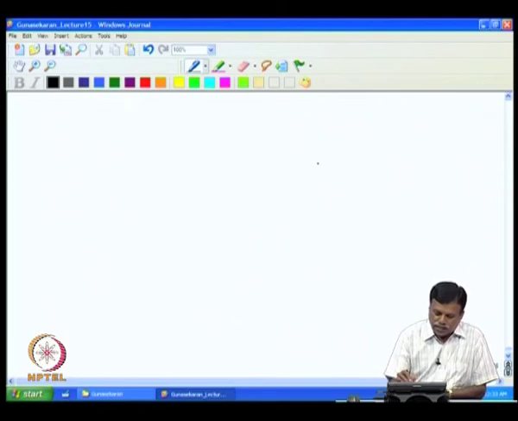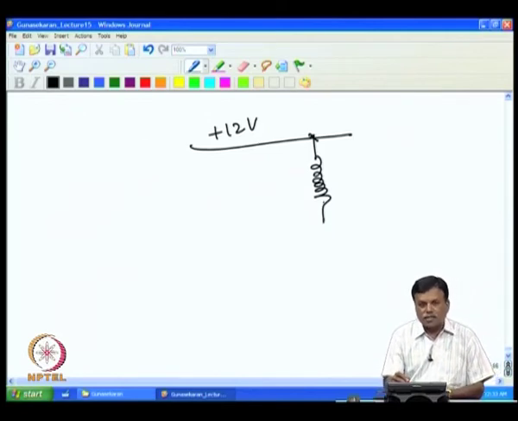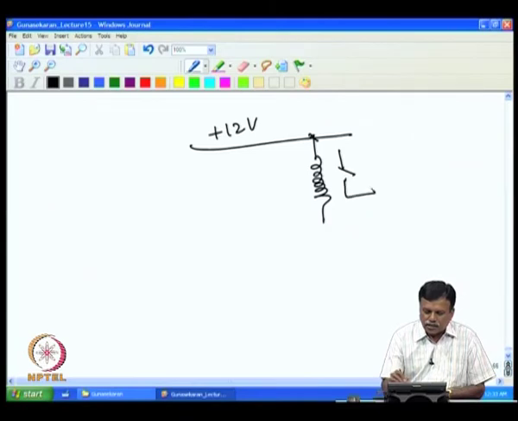We have a relay, assume this is a 12 volt relay and I have a supply of, say, plus 12 volt, and this relay is nothing but a coil and a contact. When the coil is energized, the contact is pulled closed; when the coil is switched off, the contact is open, so that this contact can be used to carry some load current.